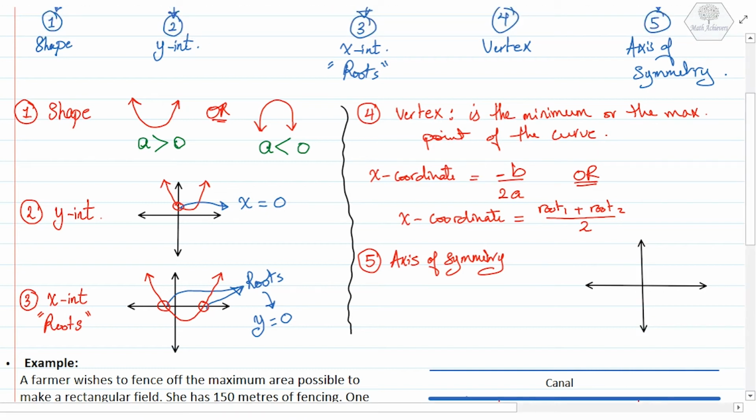Let's say I have my curve this way. The axis of symmetry is the equation of the line that cuts the shape in half.